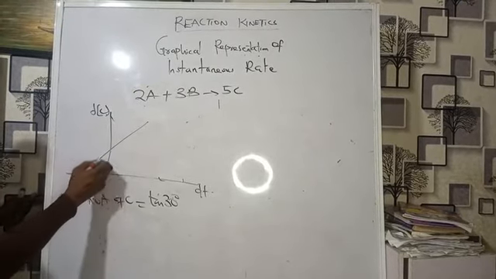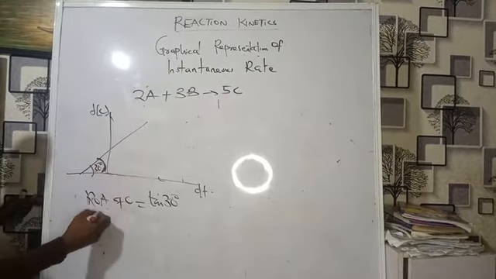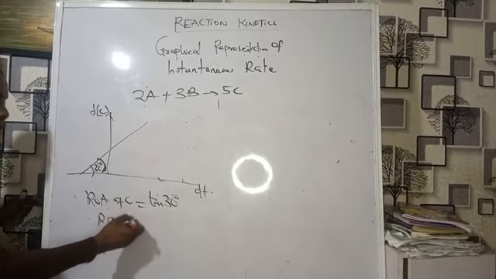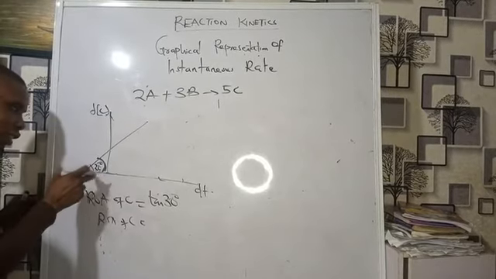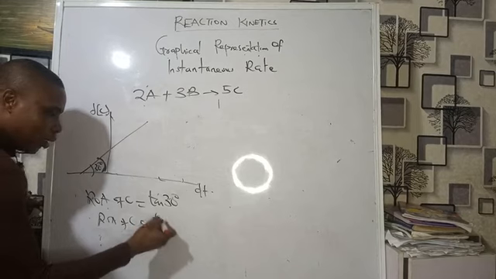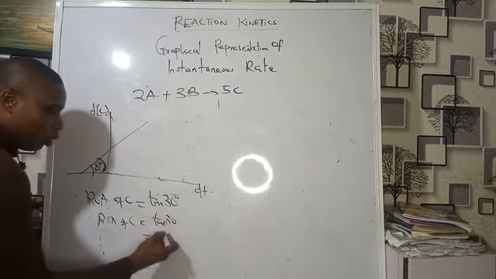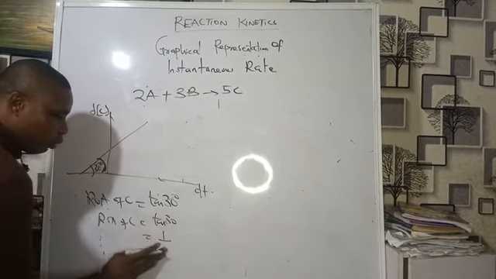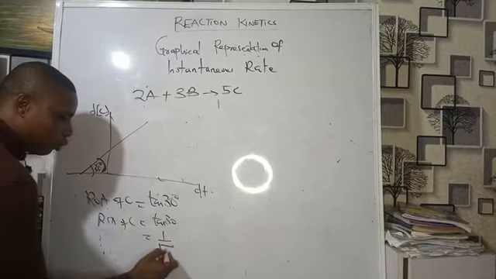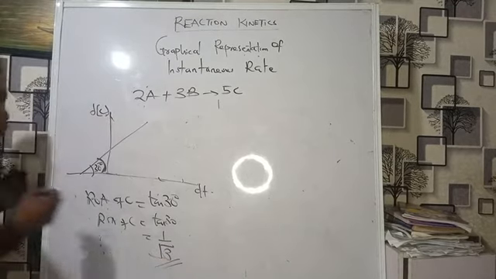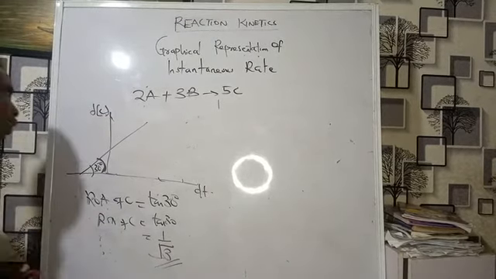So the rate of appearance of C, if this is what they give you, is tan 30, which is 1 over root 3. So I want you to note the difference.